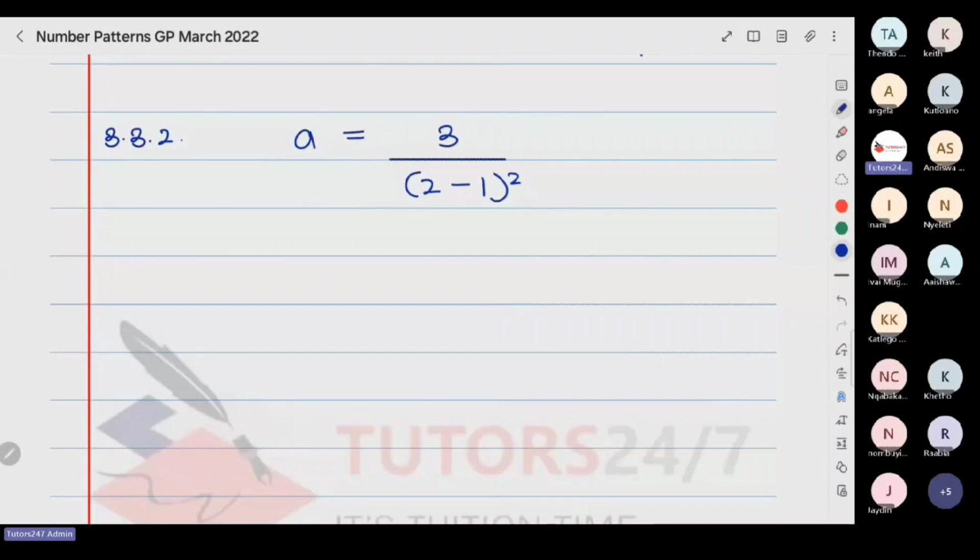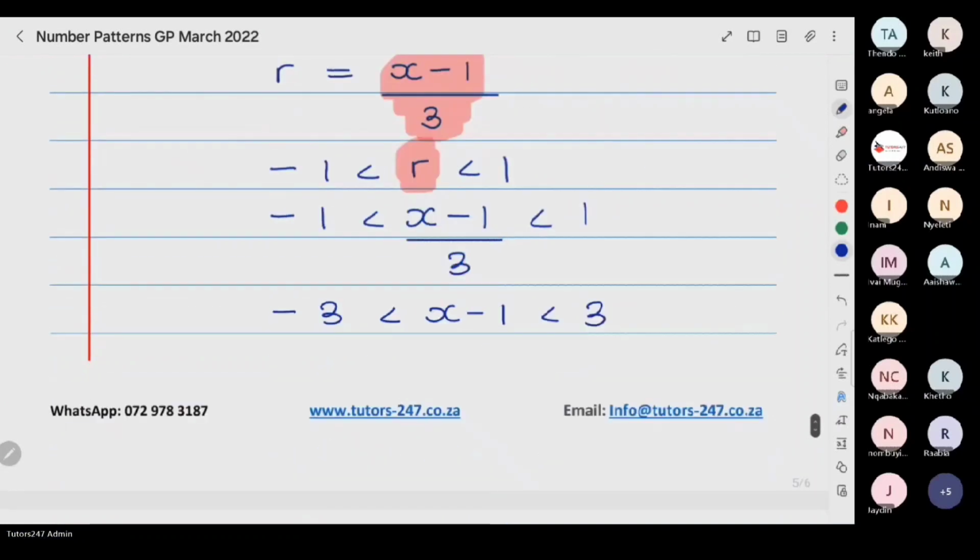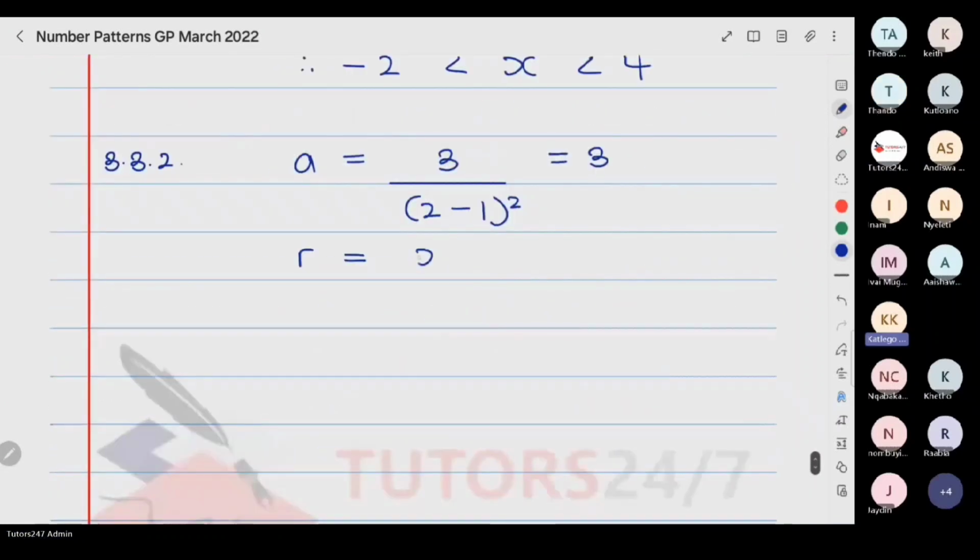So we now know that a is equal to 3. We go and grab our equation of r and substitute x is equal to 2. We put this into our calculator, and we now have r as equal to 1 over 3. So that is our value of a, and that is our value of r.